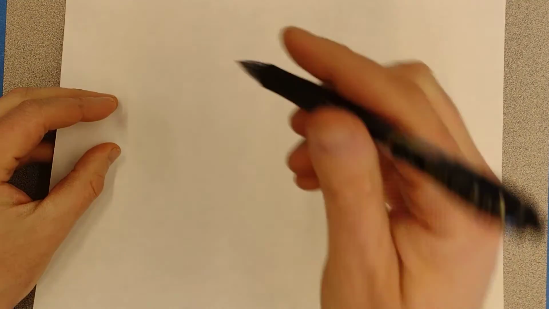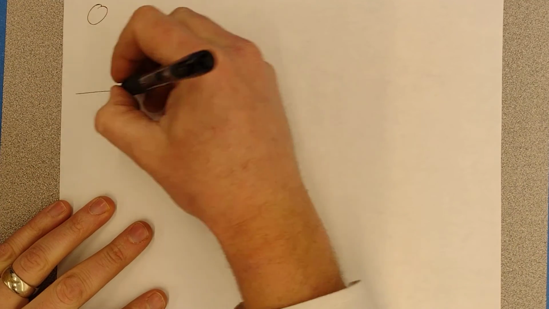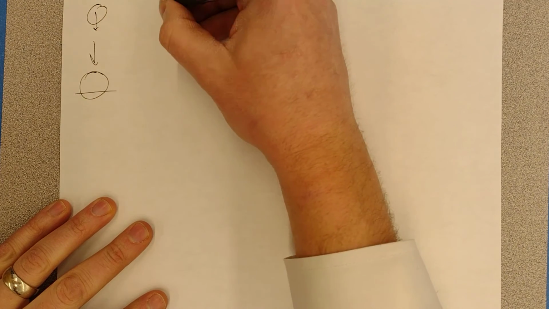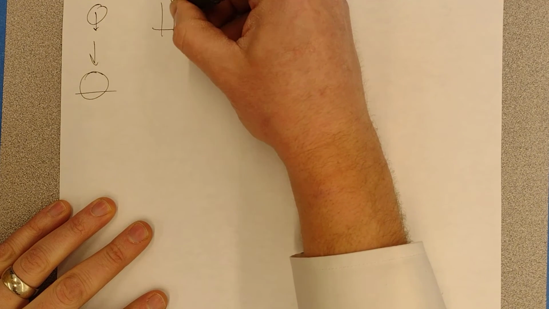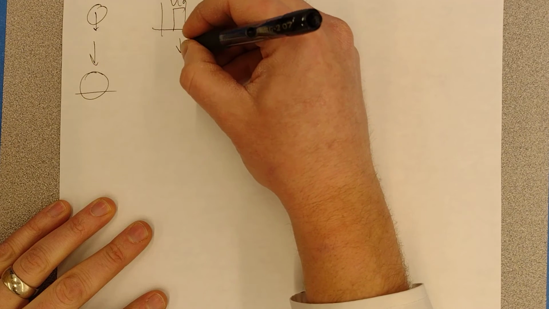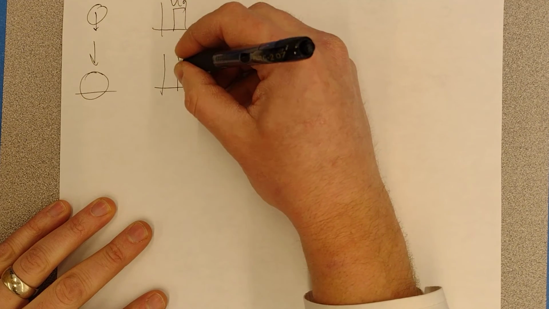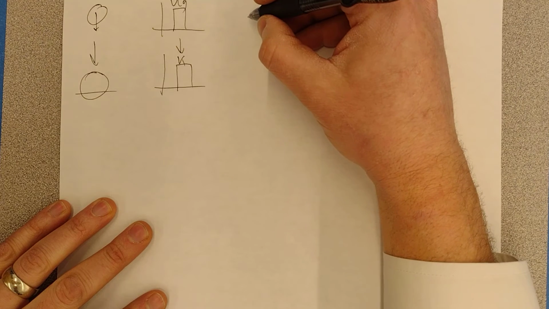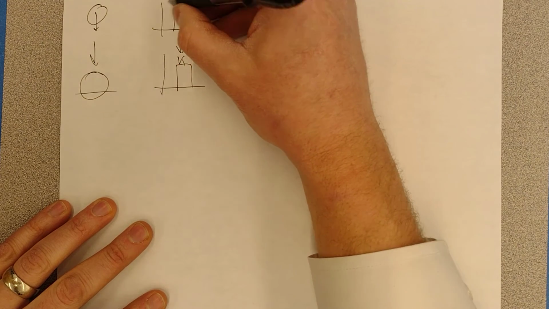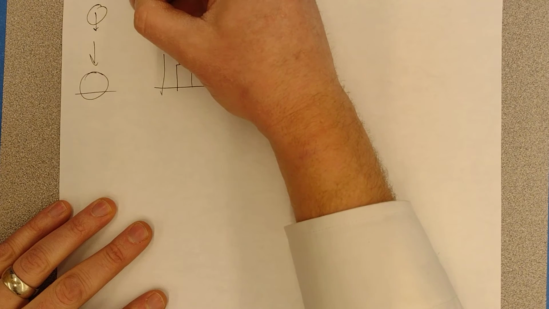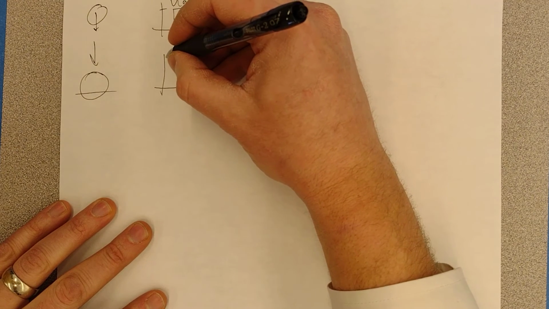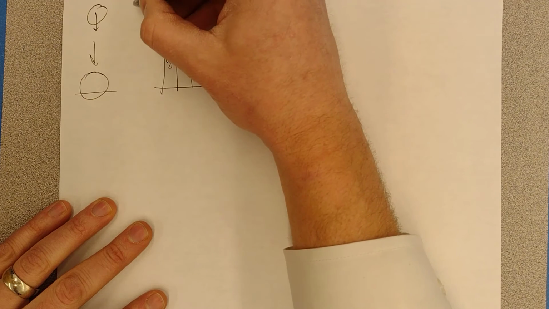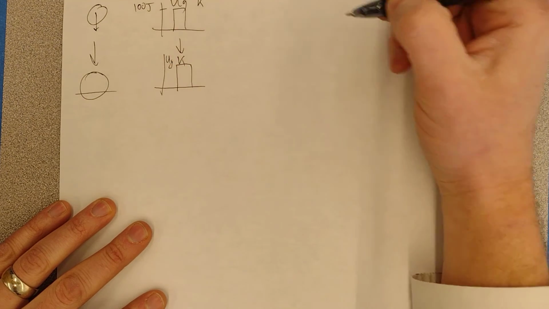So an object falls down, gains speed, hits the ground. It starts off all U_G and gets converted into all kinetic. Let's say I start off with 100 joules of gravitational energy.